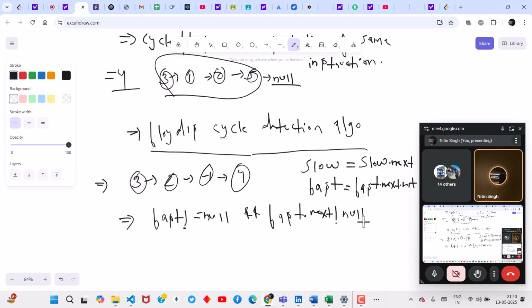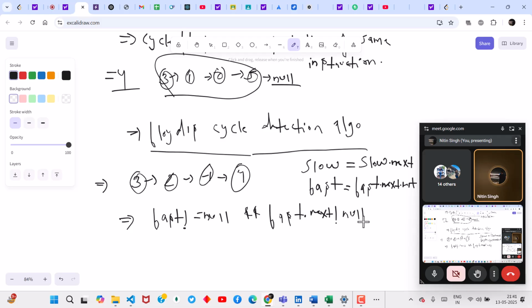So I need a condition for how long I'll perform my iteration. I'll start from my head. I'll move my slow pointer one step ahead and my fast pointer two steps ahead. The whole iteration revolves around a condition: my fast should not be equal to null, and my fast dot next should also not be equal to null.